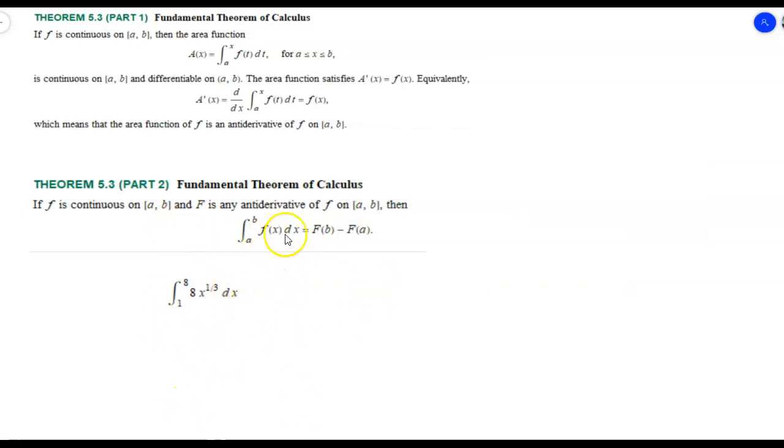Well, according to our fundamental theorem of calculus, we need to first find the antiderivative. So that's going to be equal to, I can pull the 8 out here, and that's going to be x to the 1/3 from 1 to 8 dx.